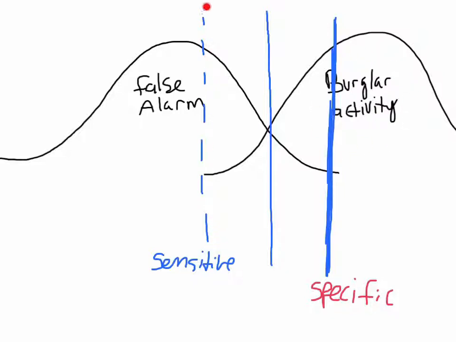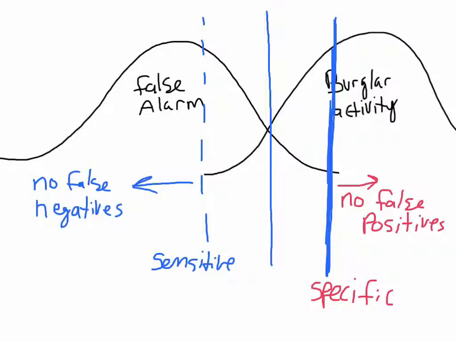This is an example of a highly sensitive test that it will go off anytime a burglar attacks, but it can also go off for a lot of other reasons. It's sensitive to a lot of activity. And so by adjusting the sensitivity and specificity of your car alarm, you have a trade-off. So increased specificity causes decreased sensitivity. On this side, you have no false positives.